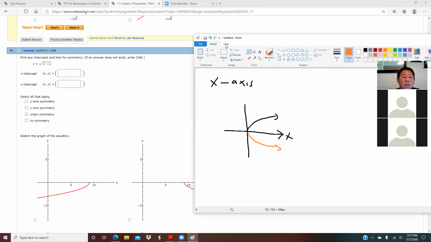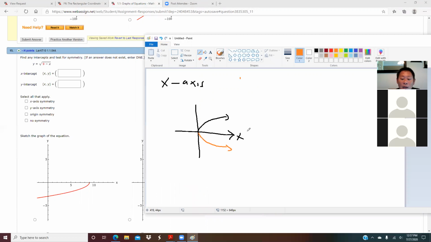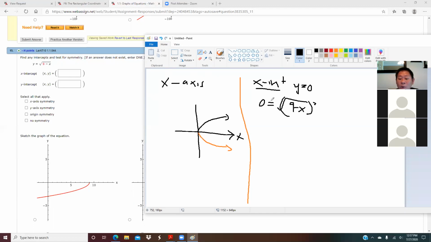So for question number 15, in this case you have to find the x-intercept. In order for us to find the x-intercept, you put y equals 0. So in this case, you get 0 equals the square root of 9 minus x. And in order for us to solve for x, you have to square both sides, because how we get rid of a square root is we square both sides.